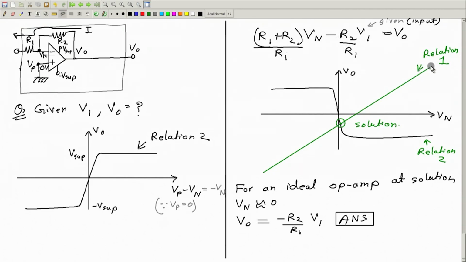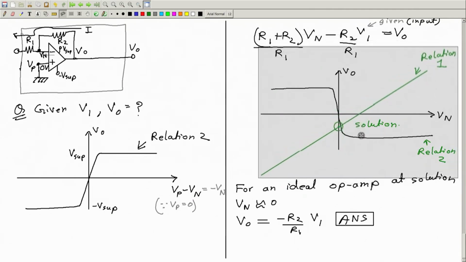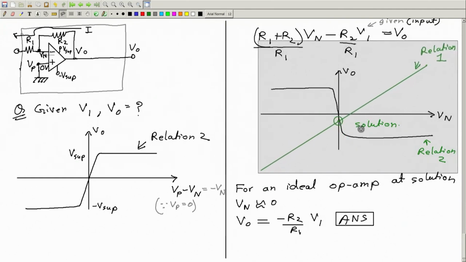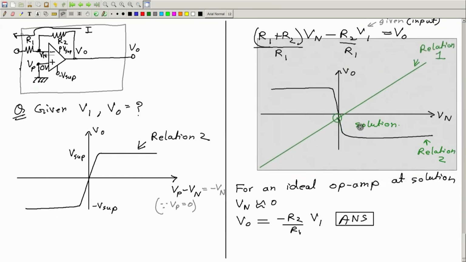So if I change V1, then this curve is going to move like this, up or down, y-intercept is going to change.